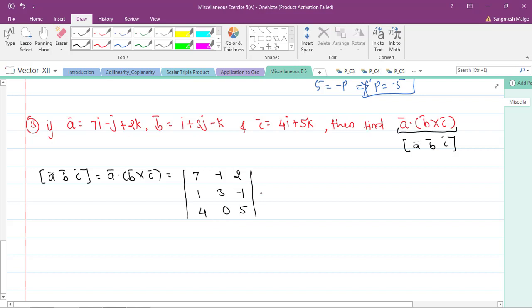Okay, so this is equal to 7 into 15 minus, plus 1 into 5 plus 4, then plus 2 into 0 minus 12.